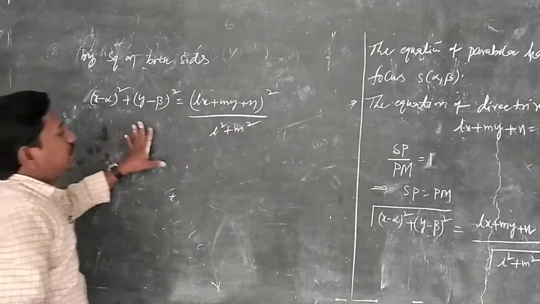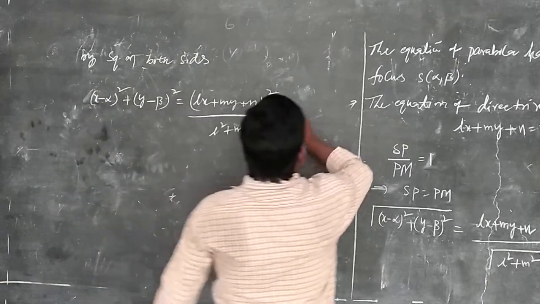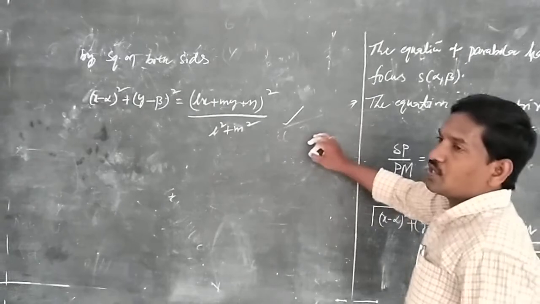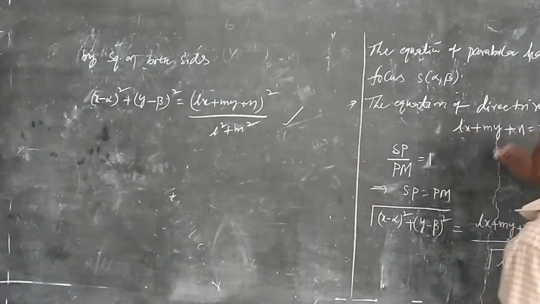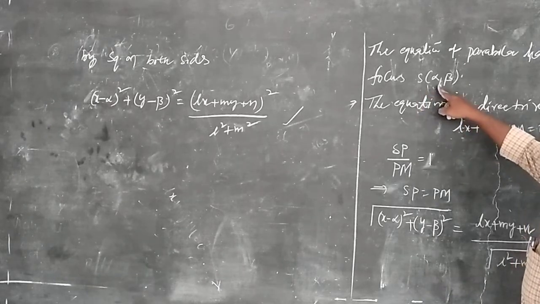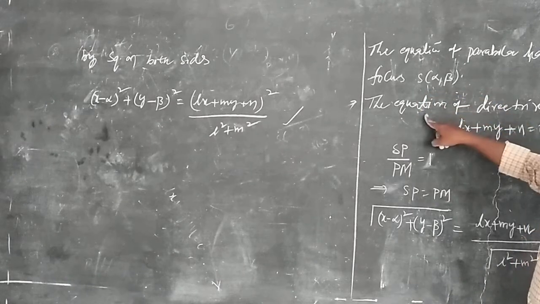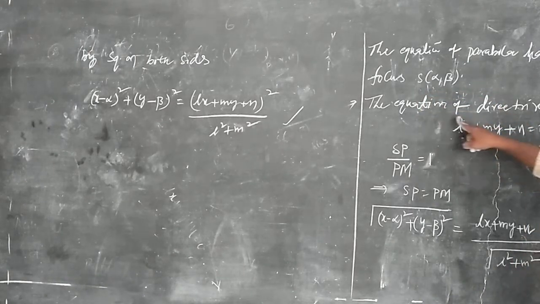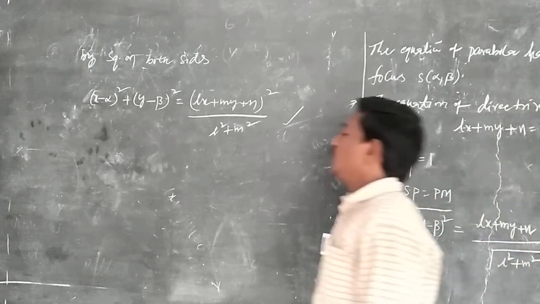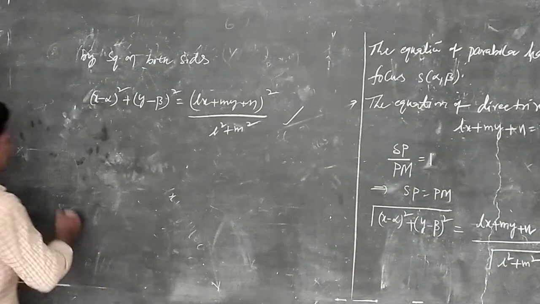So this is the equation of the parabola having the focus (alpha, beta) when the given equation of directrix is Lx plus My plus N equal to 0.